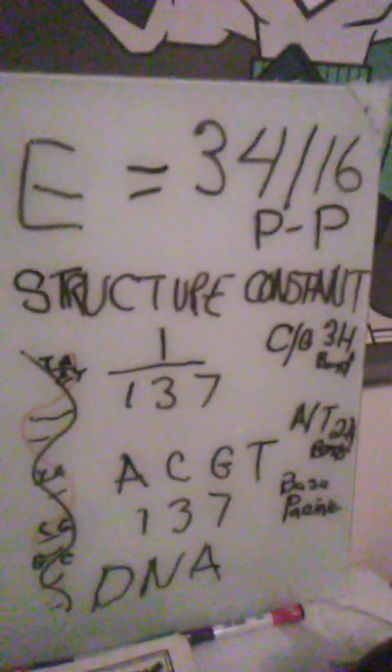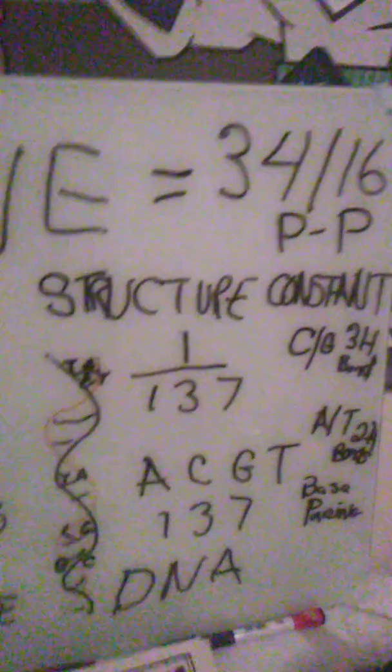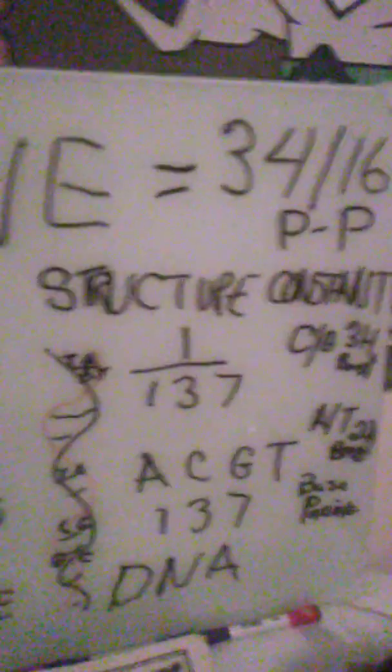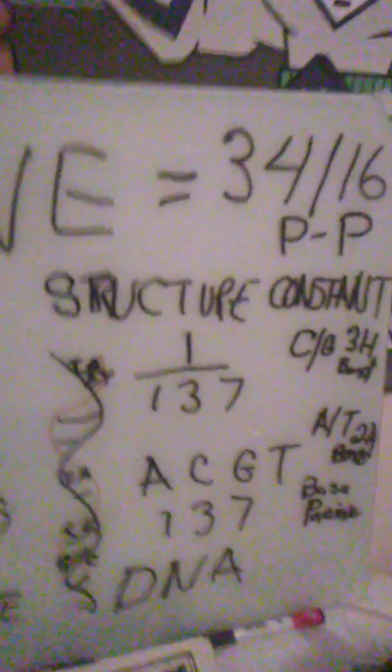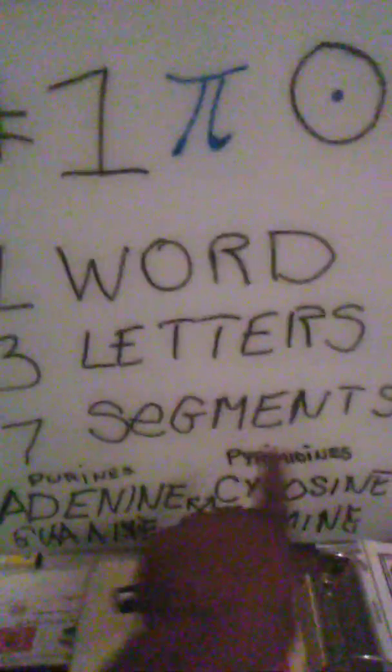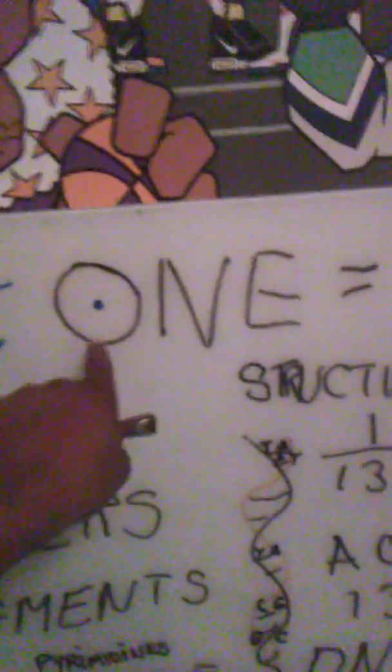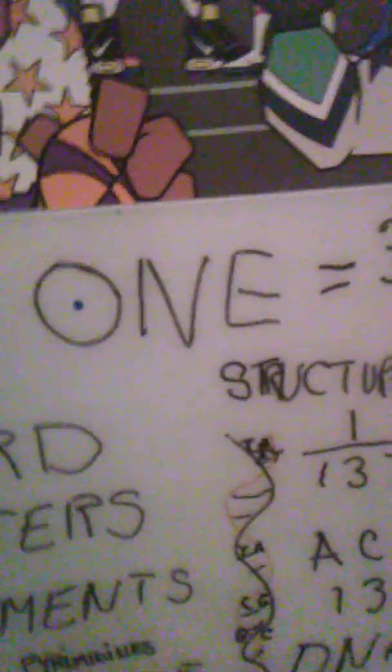We're talking about DNA, RNA. That's what we're talking about: information that's hidden right in plain sight. We're discussing the number 1, which is one word, 3 letters, 7 segments, and we understand that that one word, those 3 letters, and those 7 segments are sitting right here in front of our face.